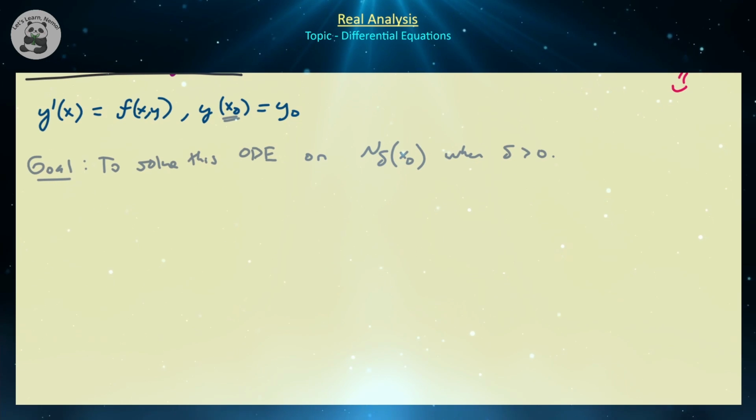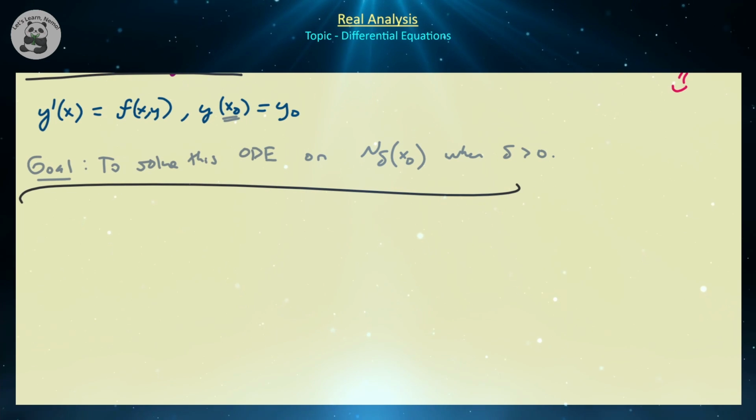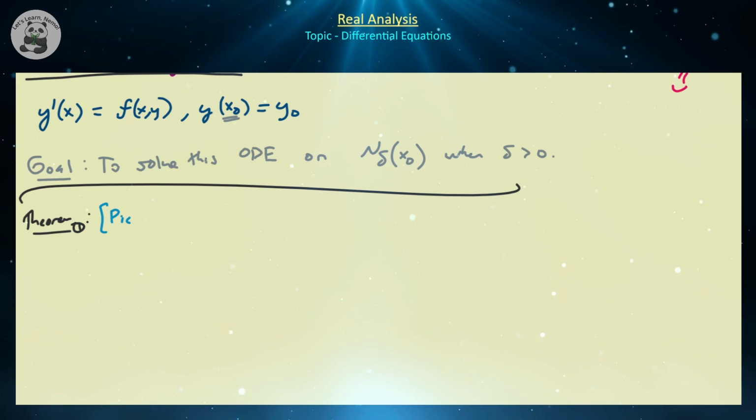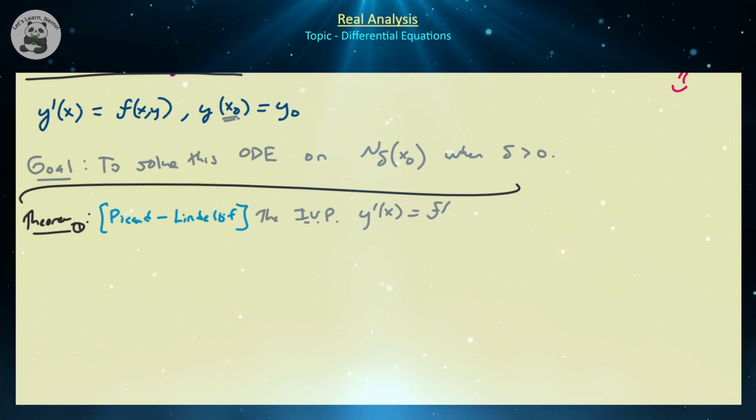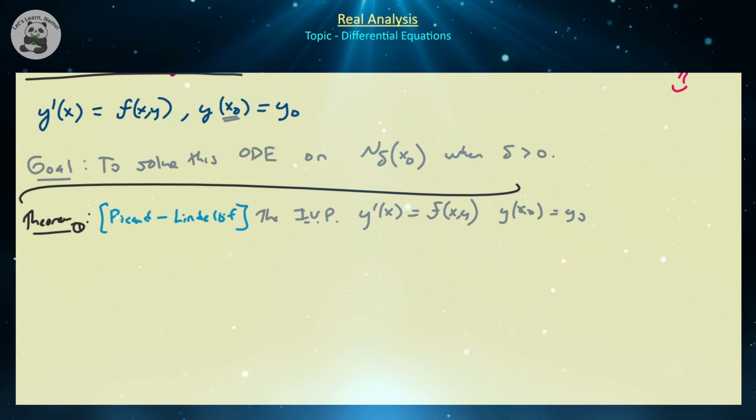So the main theorem that guides the existence and uniqueness of solutions for first order initial value problems is the following, and this is usually referred to as the Picard or the Picard-Lindelof theorem. And this says the following. The initial value problem given by y prime of x is equal to f(x, y) with initial condition y(x0) is equal to y0 has a unique solution.